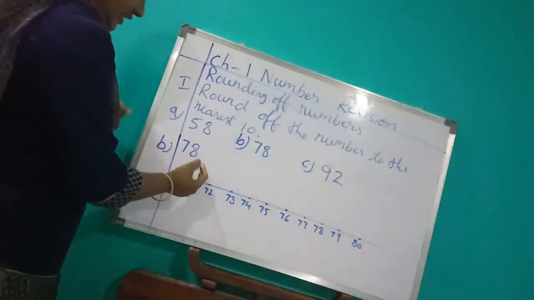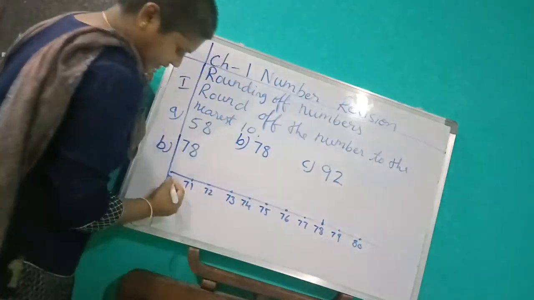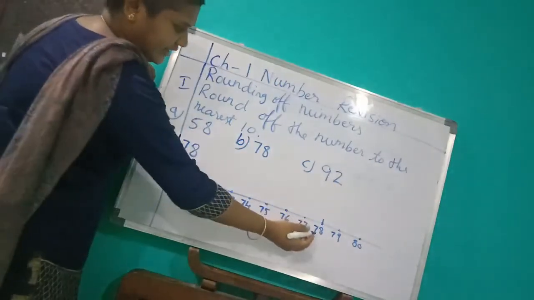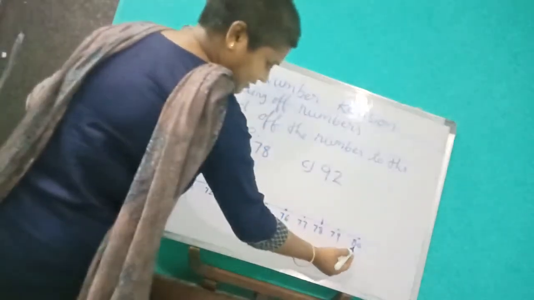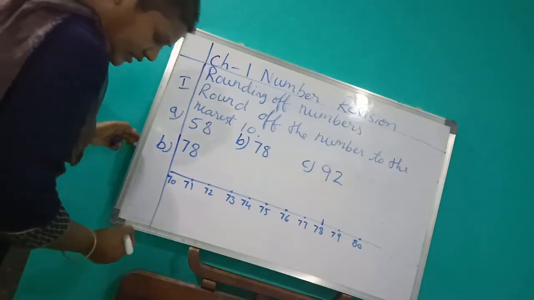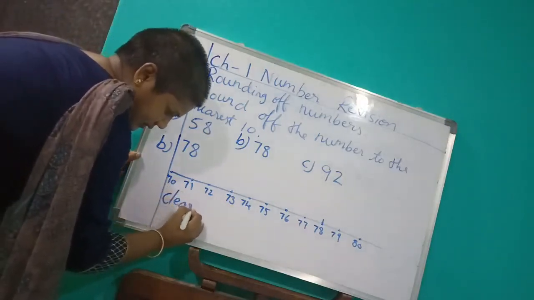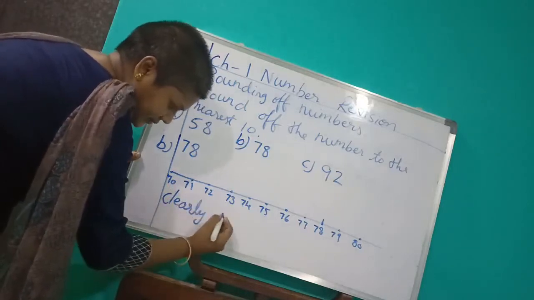See children, listen here. 78, where is 78? Here. Yes. Here 70 is far from 78. Near, which number is here? 80. Yes or no? See?